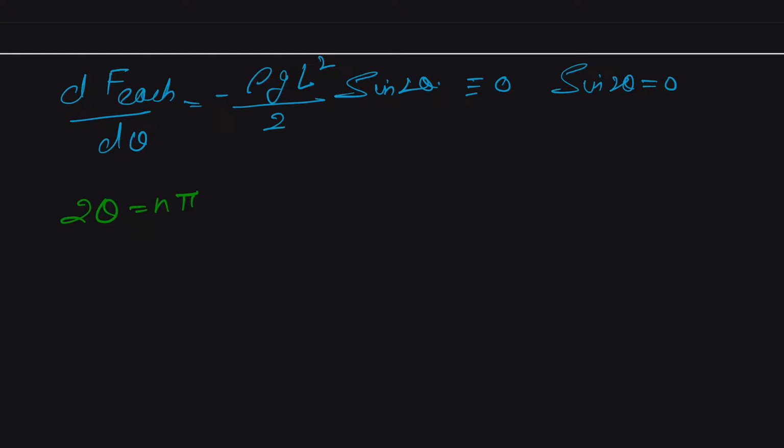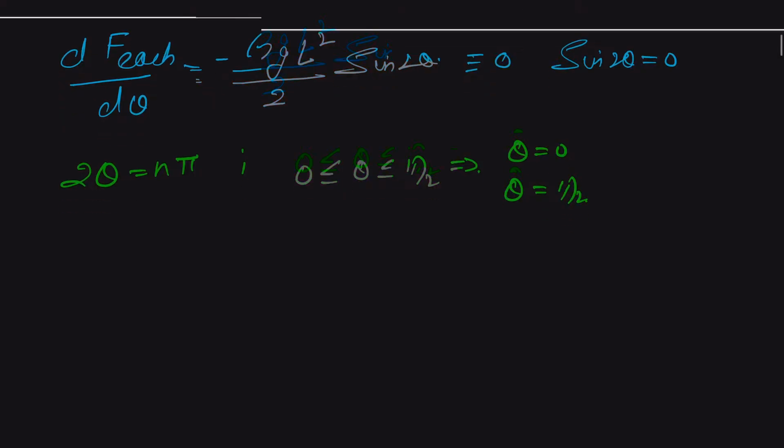And if we take the interval for our theta less than or equal to pi by 2 and greater than 0, for this interval, we can say that theta will be 0 or theta will be equal to pi by 2. Okay, and we can put this later on also.